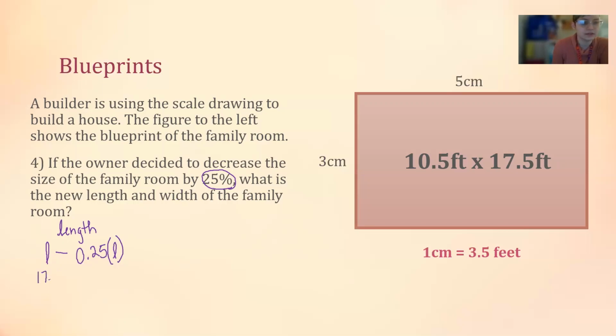So we have 17.5 minus 0.25 times 17.5. 17.5 times 0.25 is 4.375. So it's 17.5 minus 4.375, and we get that the new length is 13.125.